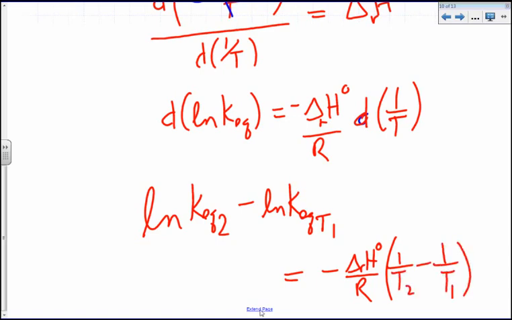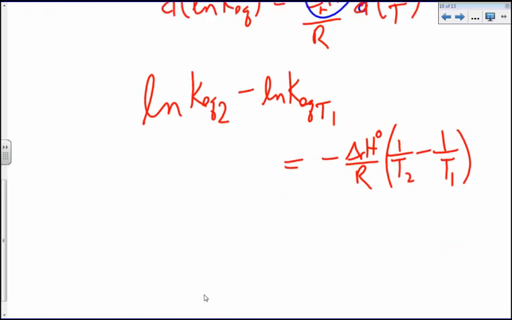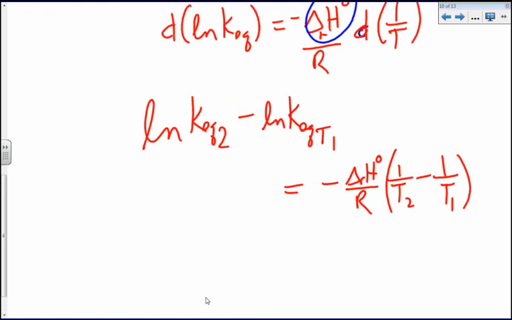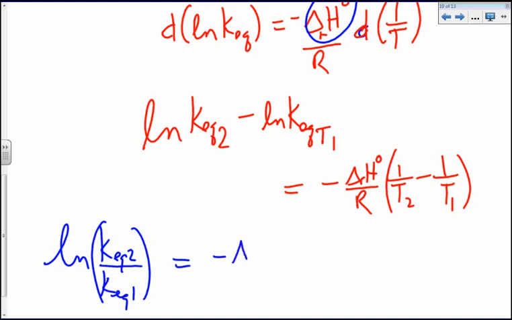Now, this integration is valid as long as we're looking at a temperature interval small enough so that delta H within that interval is more or less constant, independent of temperature. We're treating delta H here as a constant. Right? So we can rewrite this as ln of KEQ2 over KEQ1 equals negative delta H naught over R times 1 over T2 minus 1 over T1.